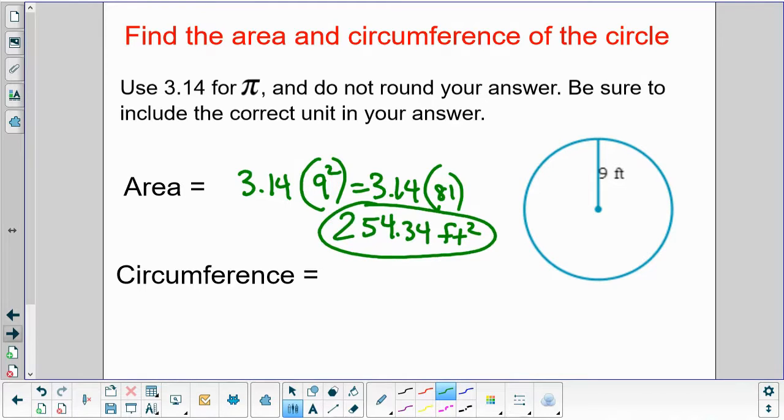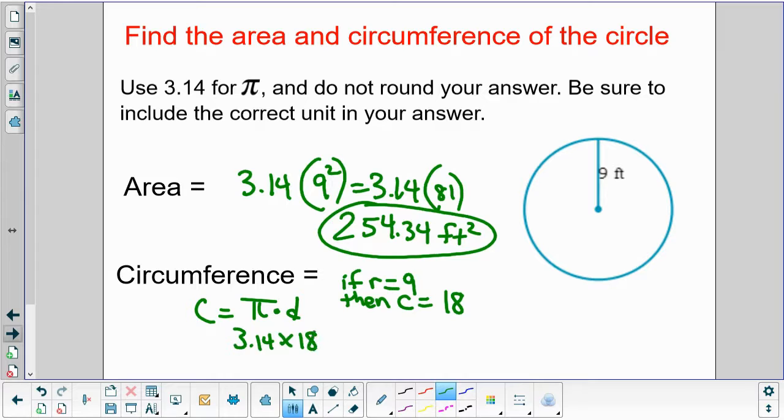And then our circumference is just going to be 3.14 times the diameter. And here we have a radius of 9. That means diameter is going to be 9 times 2. So that's 18, right? So that's the diameter. And then 3.14 times 18 will give us the circumference.